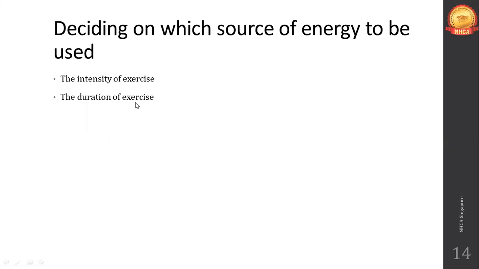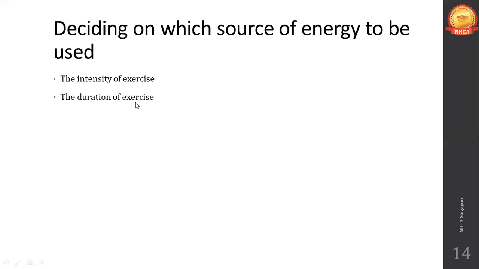Coming to the duration of the exercise. Again, come to the same page, figure 2.7, duration of the exercise. When you increase the duration of the exercise, like from 1 hour you're jumping to 2 hours, which kind of energy are you utilizing more?